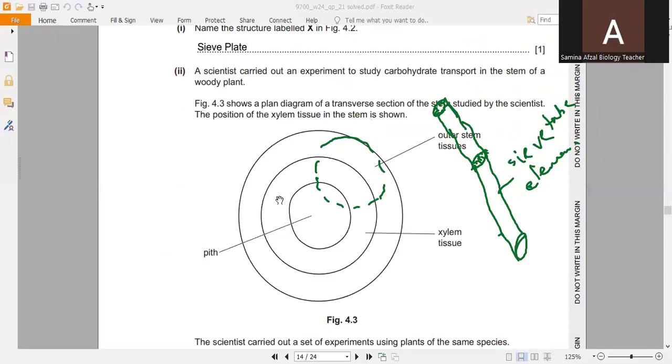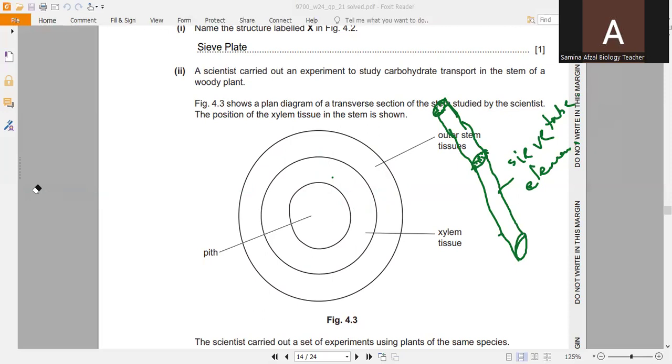Next, a scientist carried out an experiment to study carbohydrate transport in the stem of a woody plant. Figure 4.3 shows a plan diagram. A plan diagram means they have shown only plain lines instead of the different parts of the plant tissue.